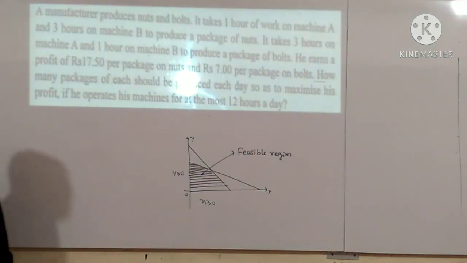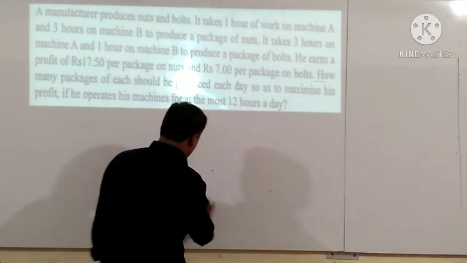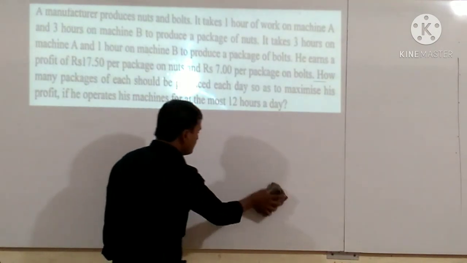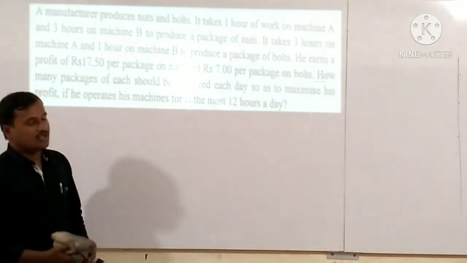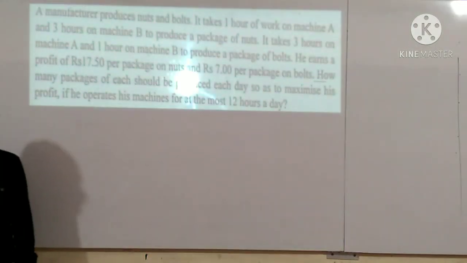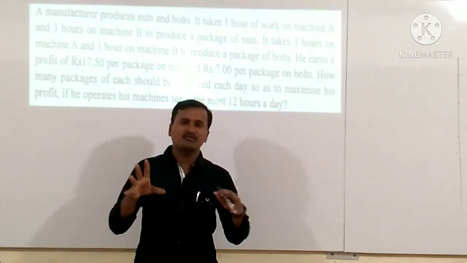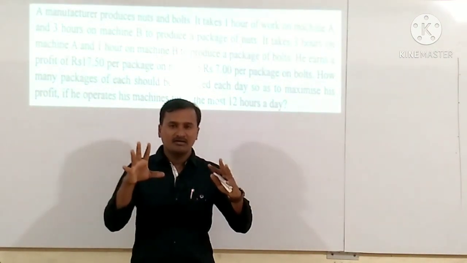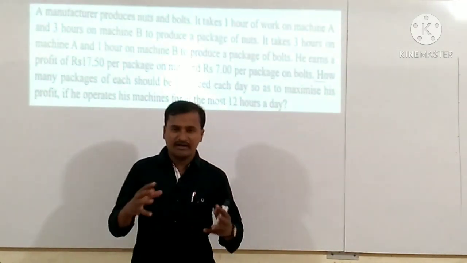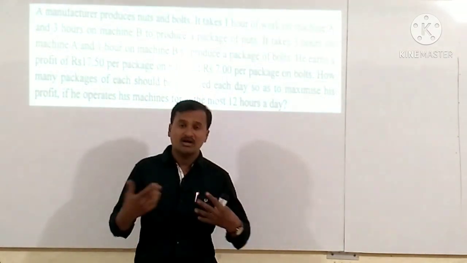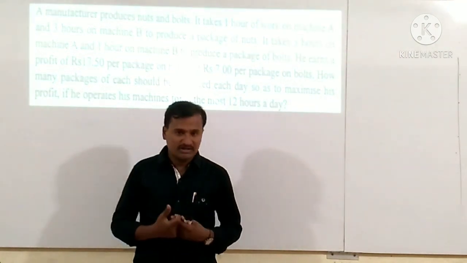Now I will take this example to explain how a linear programming problem can be solved, what is meant by a linear programming problem, and how we take that problem to mathematical form. After taking the mathematical form, how we solve it using a graph. Let us discuss that.